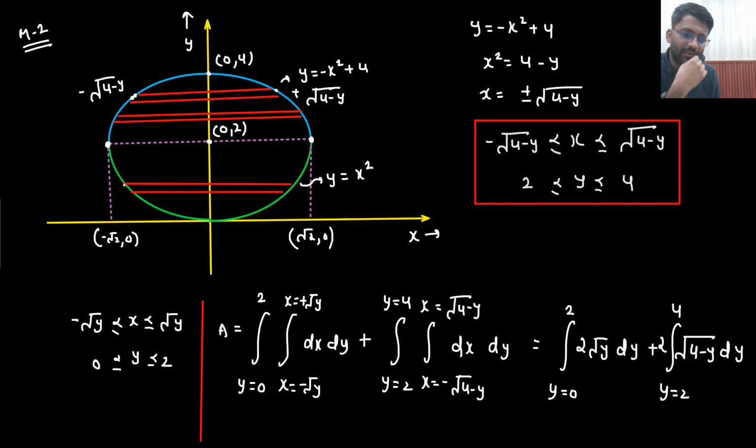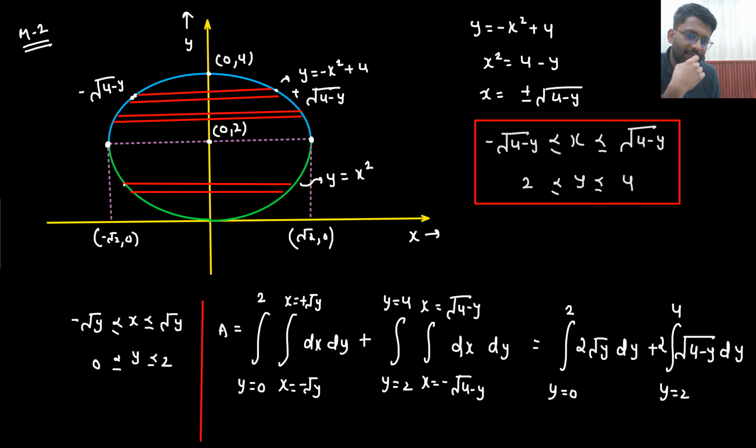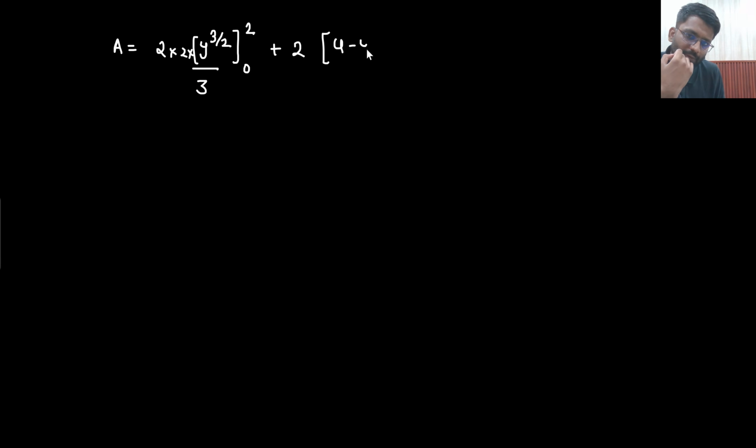Y to the power 3 by 2 divided by 3 by 2, from 0 to 2, plus 2 here, 4 minus y to the power 3 by 2 divided by 3 by 2, and then there is a negative sign, and y going from 2 to 4.